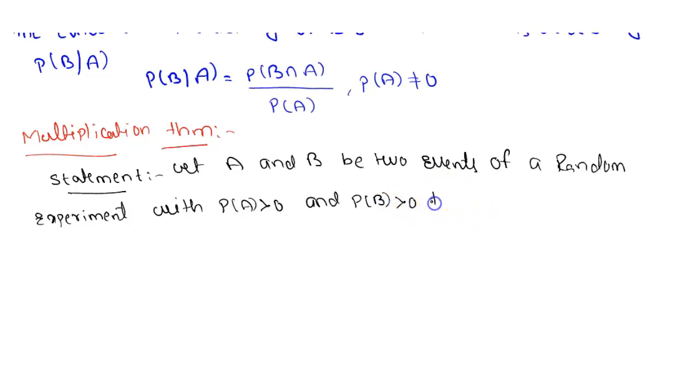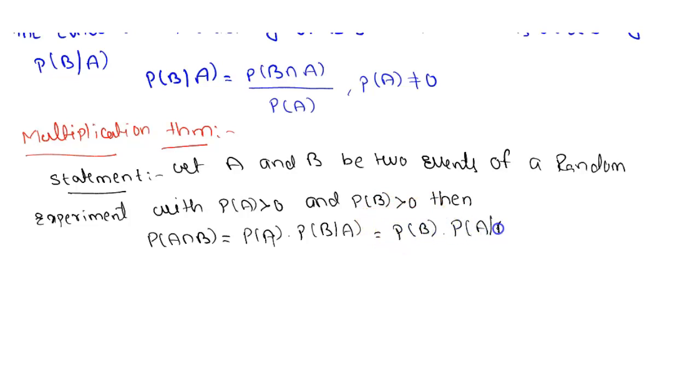Then the condition is: P of A intersection B is equal to P of A into P of B divides A, and that is equal to P of B into P of A divides B. So this is the statement of the multiplication theorem.